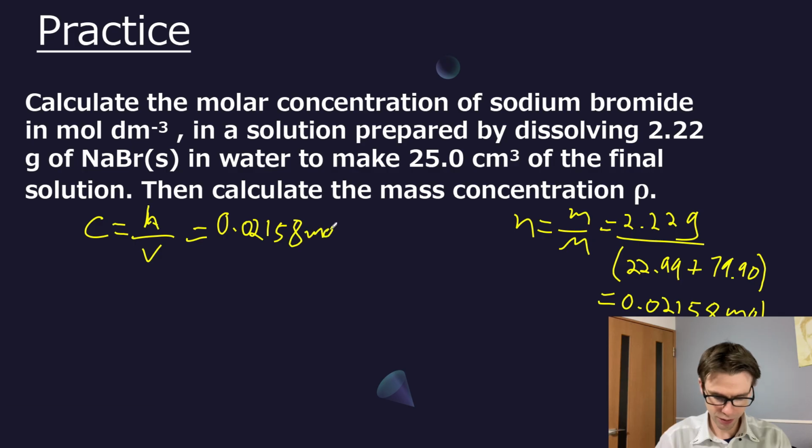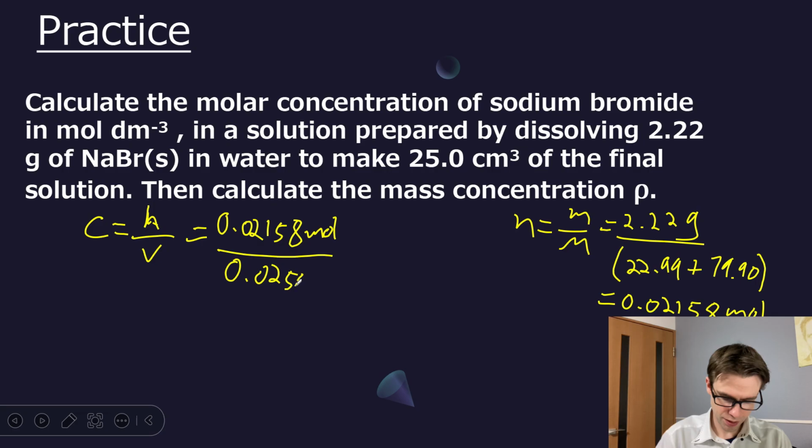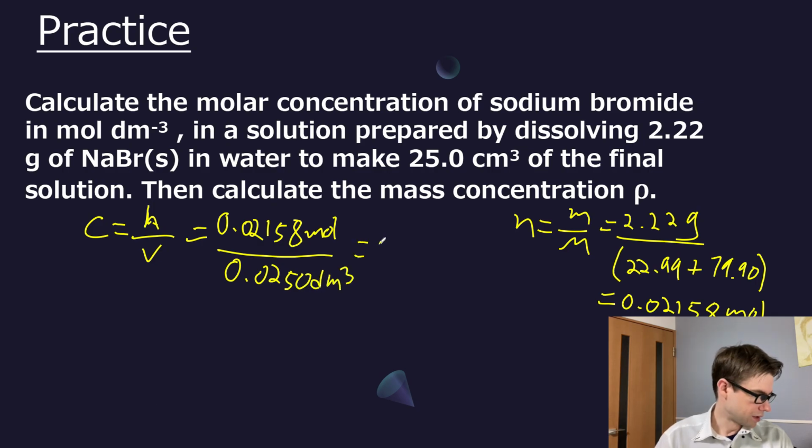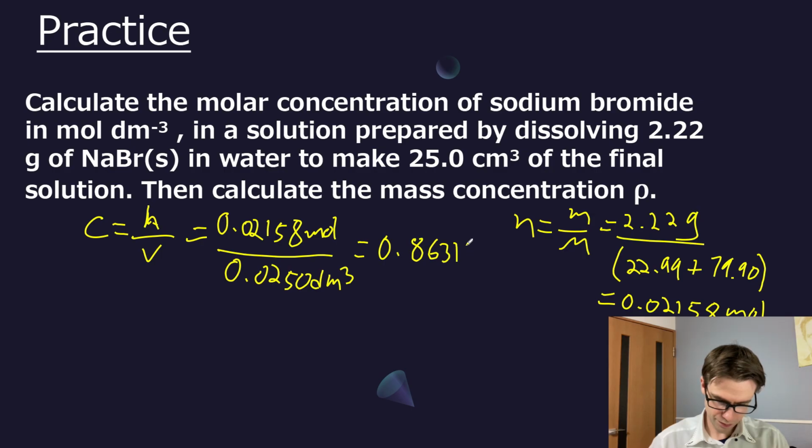Okay, and going back to concentration here, 0.02158 mole per. Our volume here is 25 centimeters cubed, that's 0.0250 decimeter cubed. So we'll get 0.8631 mole per decimeter cubed.